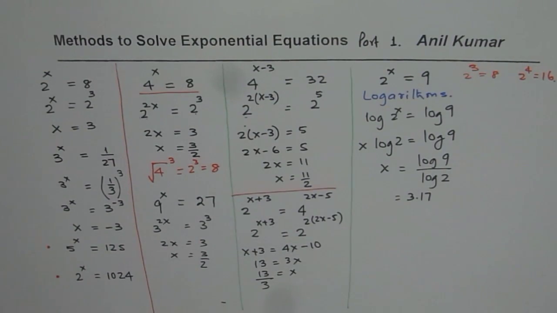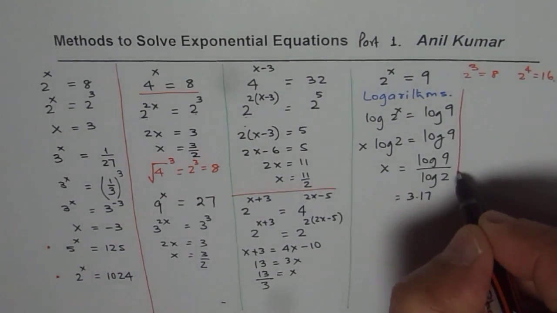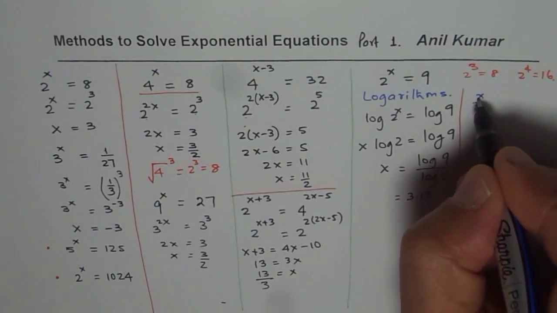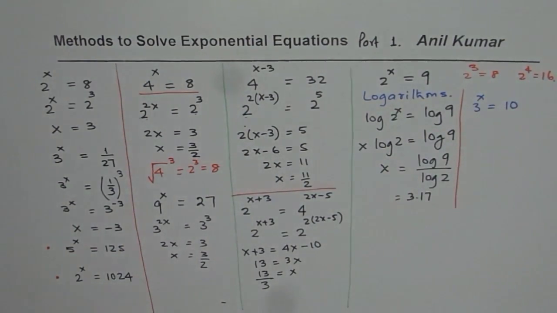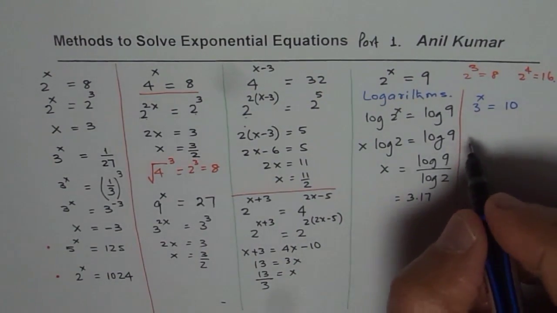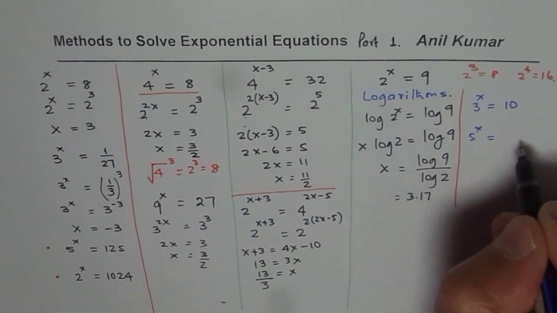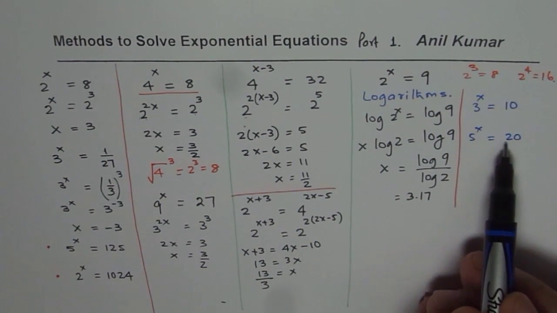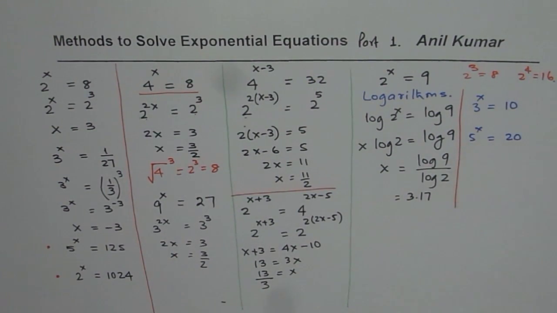So now you can use logarithms and try a few questions on your own. Let me give you the question here as 3 to the power of x equals 10, right? So try it out with logarithms. Similarly, you can try 5 to the power of x equals 20, right? So we know 5 squared is 25, so x has to be less than 2.